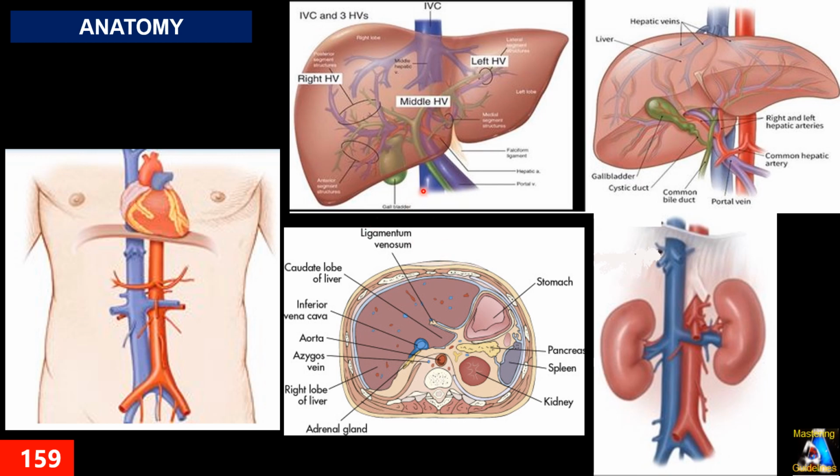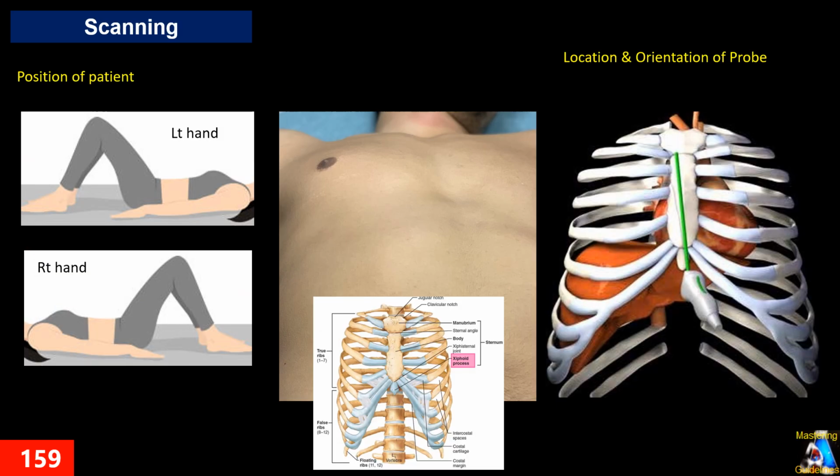Now let's see how we scan the IVC. The position for scanning the IVC is supine with the patient's knees bent up. It may relax the rectus muscle of the abdomen, so it is better to maneuver and press, because with contraction it attenuates the ultrasound beam. Then we put our probe at the midline right below the xiphoid process.